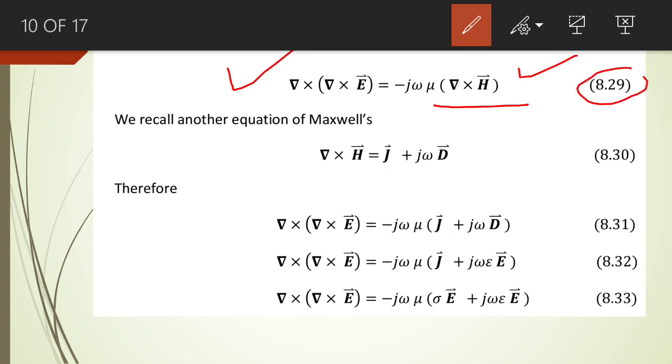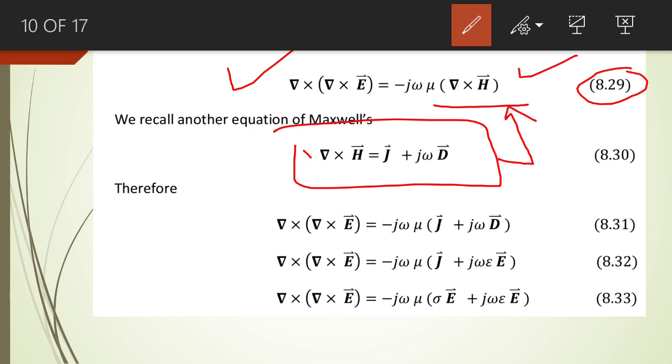So what we do, we will put the equation of del cross H in equation number 8.29. We recall another equation of Maxwell. This is another equation of Maxwell, and this equation is in phasor form. This equation of Maxwell says that the curl of the magnetic field intensity is equal to J plus j omega D. And what we do, we put this value in equation number 8.29.